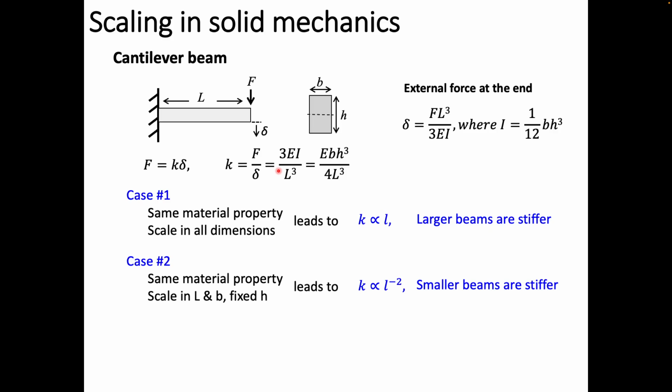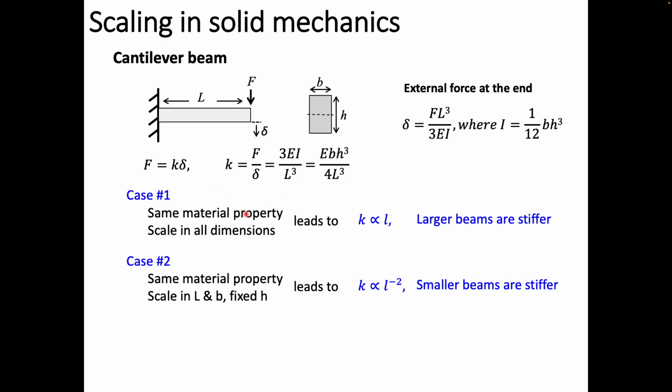Does that make sense? If we get into nanomaterials, the material property is going to change, and that is going to be a little bit tricky. But in this discussion, we are still talking about bulk scale material, so as you scale up and down, we maintain the material property.